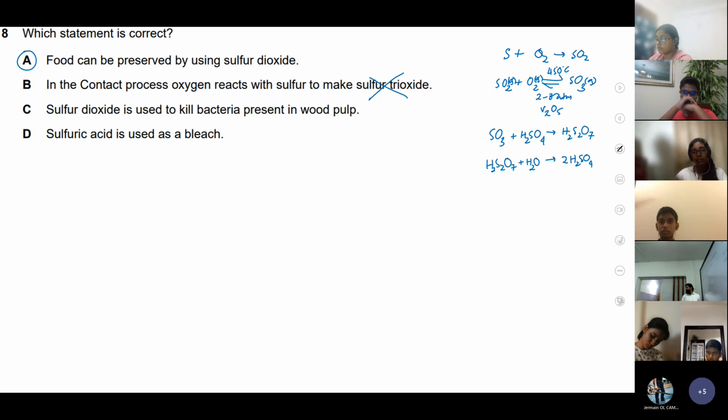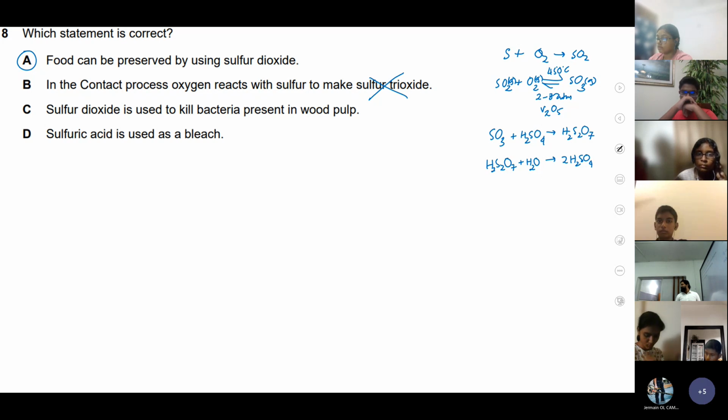Chlorine is used to kill bacteria as well. See how they have mixed it? They are playing with children's memory. Sulfur dioxide is used to kill bacteria in food.